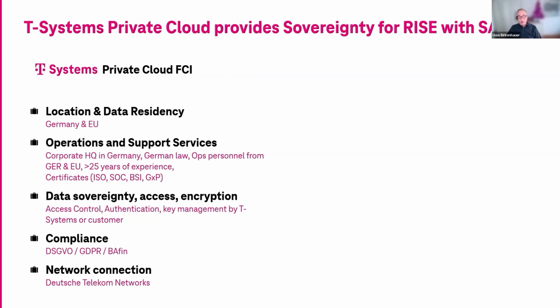We hold a lot of certificates: ISO, SOC, BSI, GxP, C5. We have all these certificates because we have been doing SAP services for a quarter of a century already. And we control the access to these systems, and we control the keys, or our customers hold the keys for these systems.